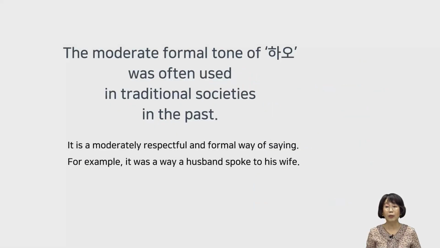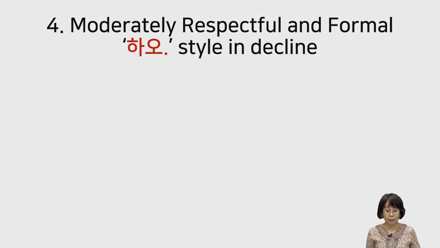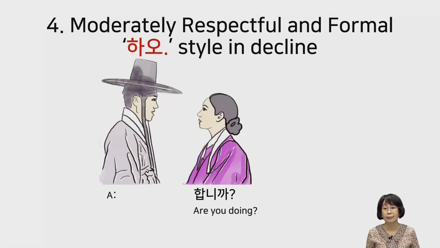The moderate formal tone of 하오 was often used in traditional societies in the past in Korea. It is a moderate respect and formal way of saying, for example, it was the way a husband spoke to his wife. The lady says, 합니까?